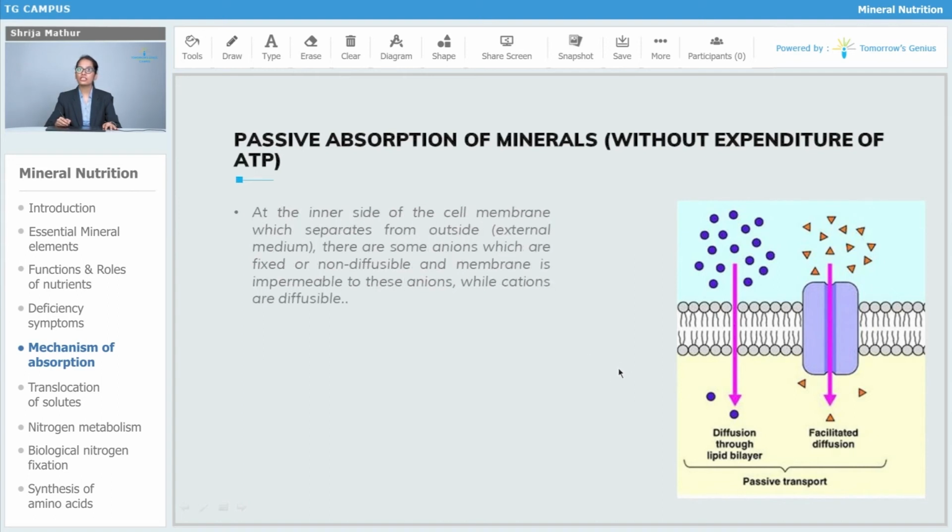At the inner side of the cell membrane, which separates it from the external media, there are some anions which are fixed and non-diffusible. So they cannot be moved, and the membrane is impermeable to these ions, while the cations are diffusible. So the anions are fixed at certain positions and cannot diffuse, but the cations can be easily diffused.